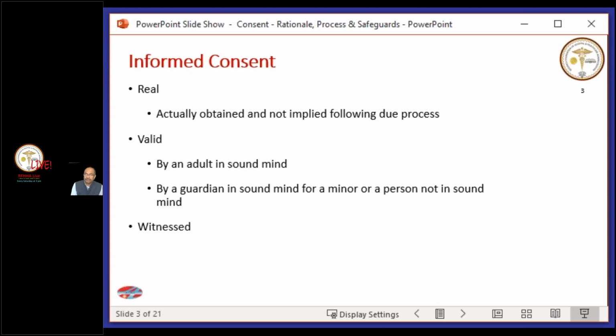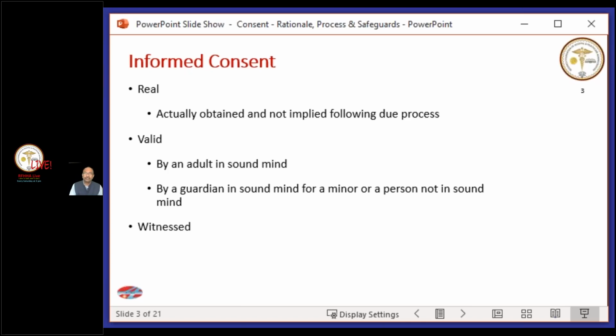So a real consent is something that is obtained and it is recorded. A valid consent is by a person who is an adult and is in sound mind, or it is by a guardian in sound mind for a minor or for a person who is not in sound mind. So these are the two criteria for a valid consent, and the consent needs to be witnessed.